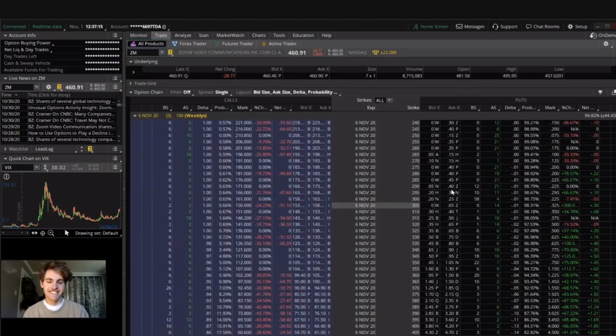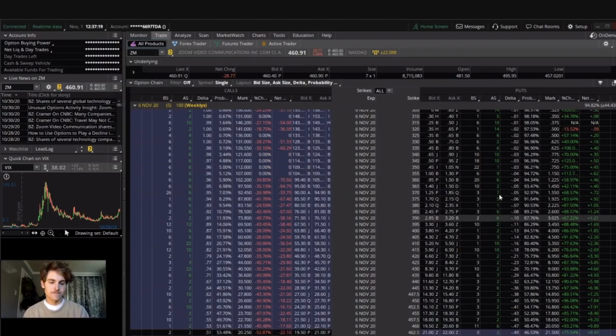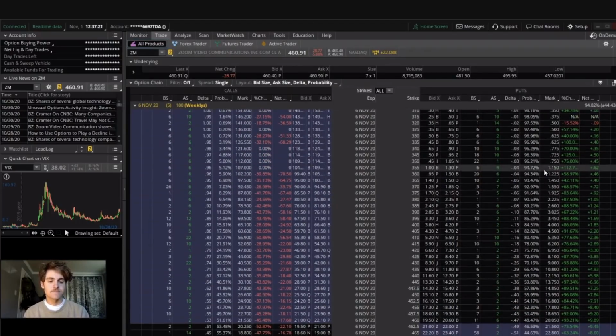So with Zoom, we're talking 94% chance to win. You can make $115. Now, what you have to ask yourself is, if Zoom's currently priced at 460, do you truly think Zoom could fall all the way down to 355? That difference is just about $95.